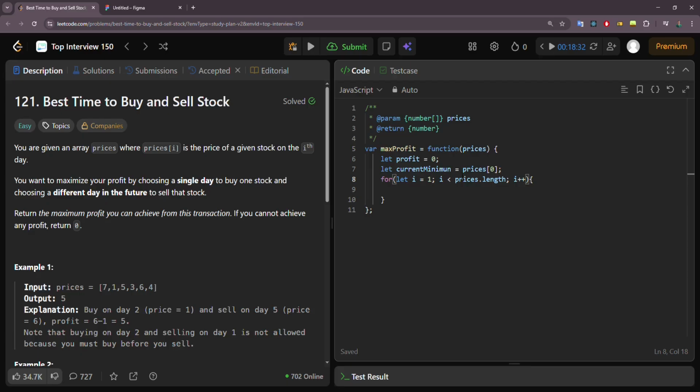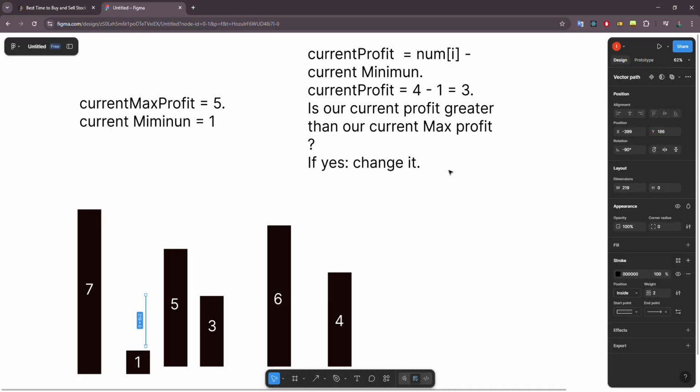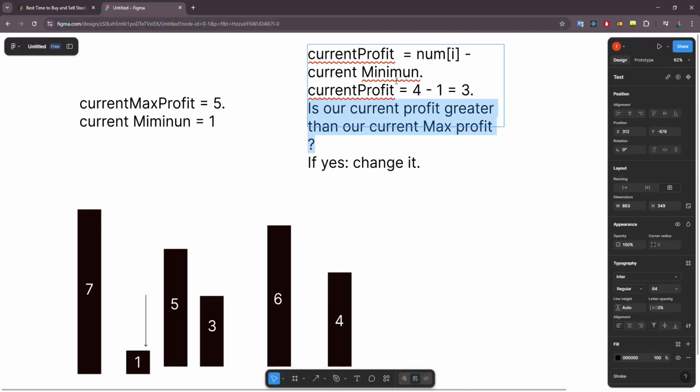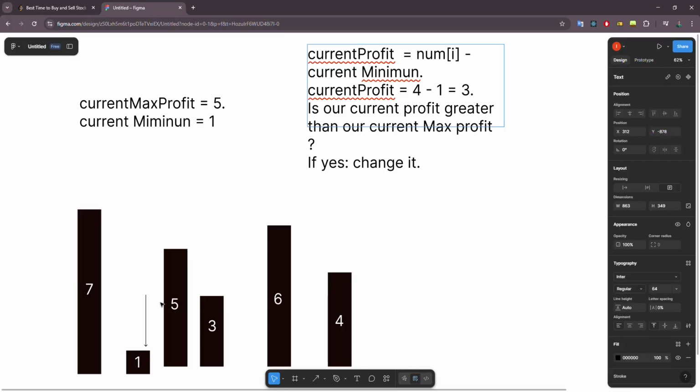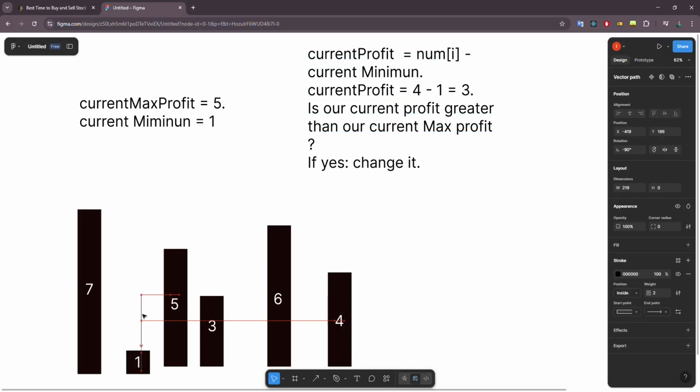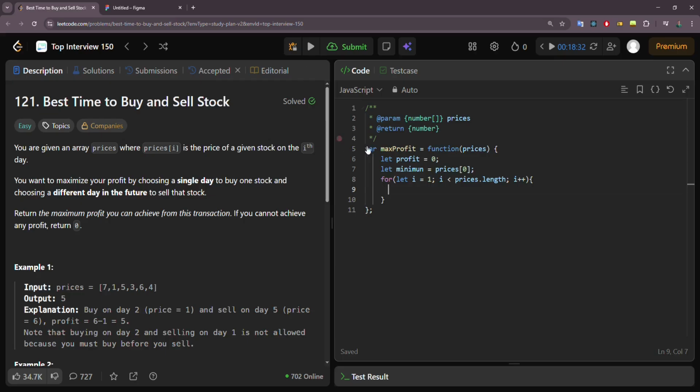Okay. First we need to check if our current profit is greater than our max profit.